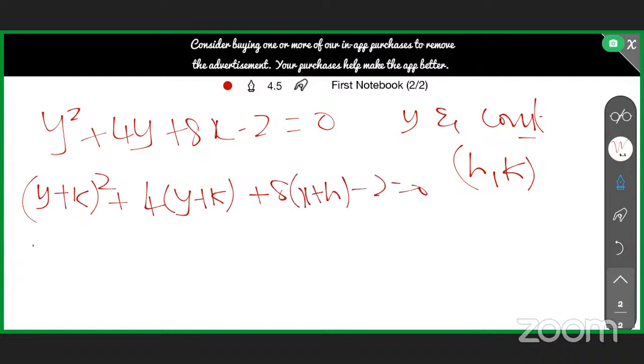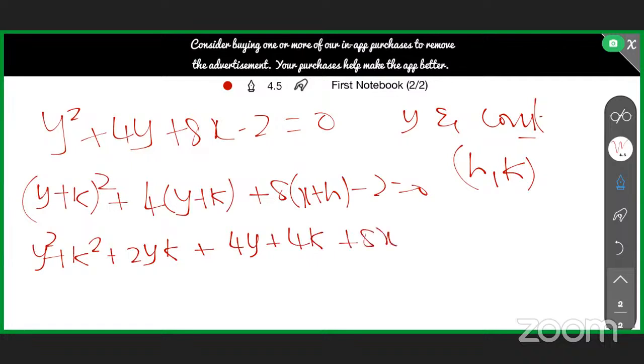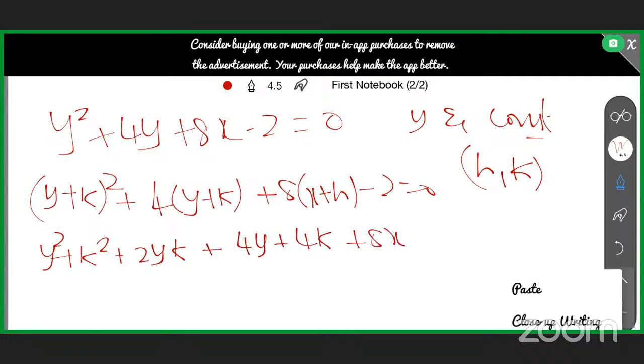This will become y square plus k square plus 2yk plus 4y plus 4k plus 8x plus 8h minus 2 is equal to 0.